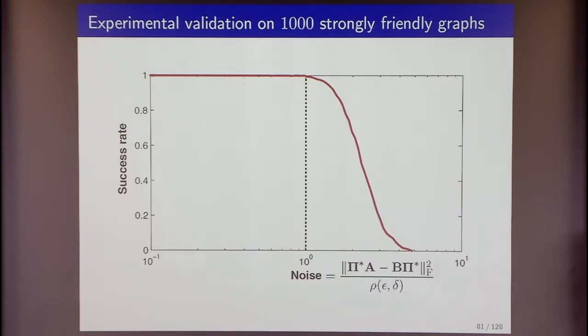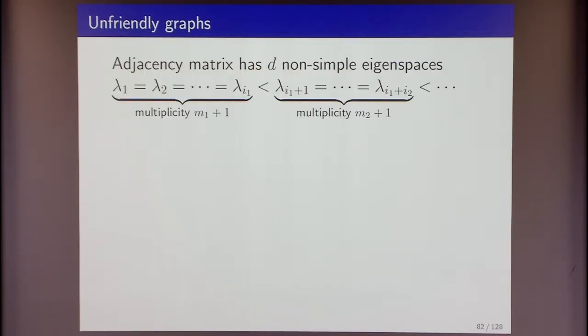Okay, so let's see what happens when we violate these friendliness assumptions. So I will assume now that my adjacency matrix doesn't have simple spectrum. So I will have the first eigenspace with some multiplicity m1 plus 1, then followed by the second eigenspace with multiplicity m2 plus 1, and so on.